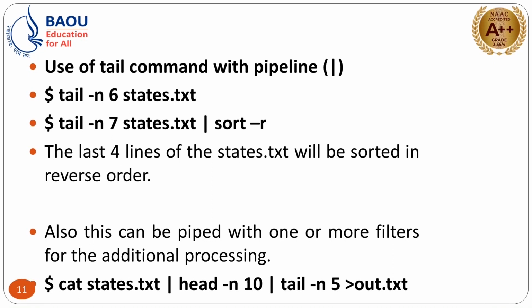From those first 10 lines, only the last 5 lines are filtered out, and then those last 5 lines are moved to out.txt. So this is the redirection. Those last 5 lines are assigned to that particular file. So after execution of this command, no output will be displayed, but whenever you display the content of the file out.txt, it will display those last 5 lines, because you are using multiple commands here and your output is redirected to a particular file.